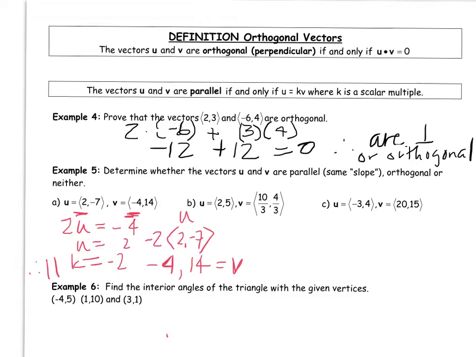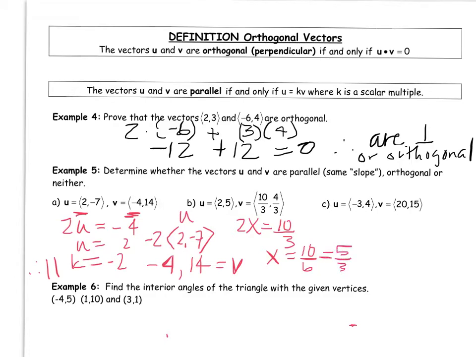Let's see. What we did over in A was 2 times what number? I guess I probably should have called this x, but 2 times what number would equal 10/3? If I cross multiply or divide, it would be 10/6, which reduces to 5/3.